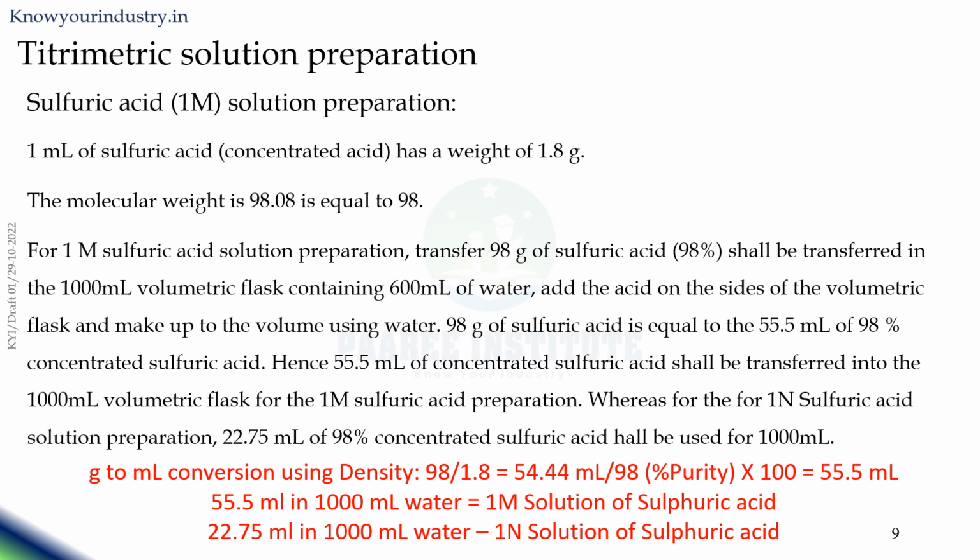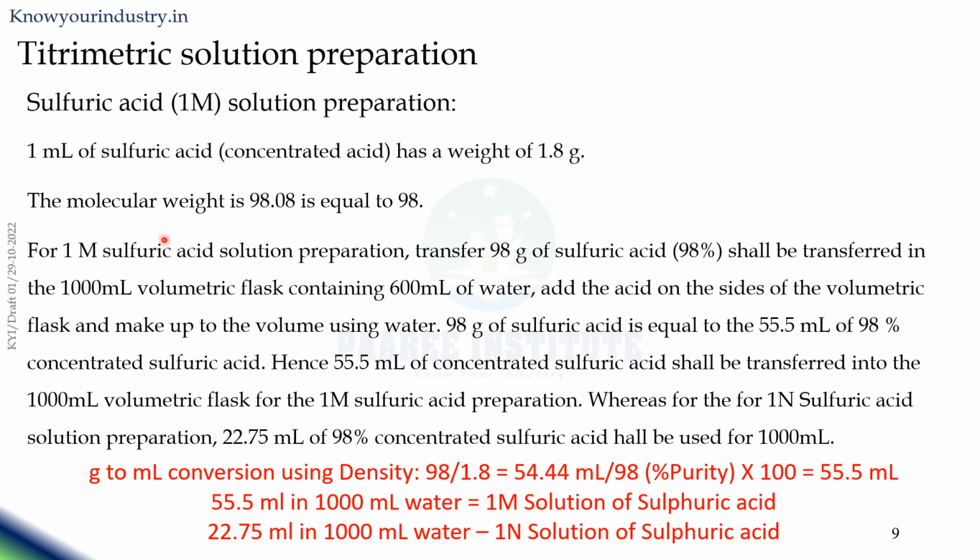In this slide, we are demonstrating a calculation for the preparation of 1 molar and 1 normal sulfuric acid solutions. Before preparing the solution, we need to understand the purity of the sulfuric acid as well as its specific gravity or density.